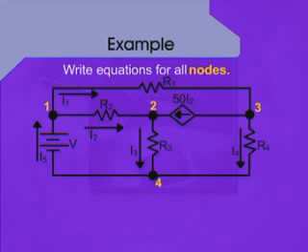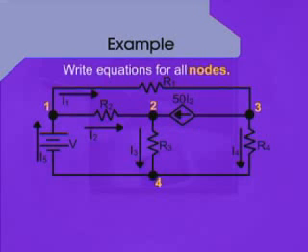Now, this reference node will be considered as common to all the nodes. You can see that node 1, 2 and 3 all are sharing this node. Therefore, the number of equations which we will need to write for this particular circuit will be 3.